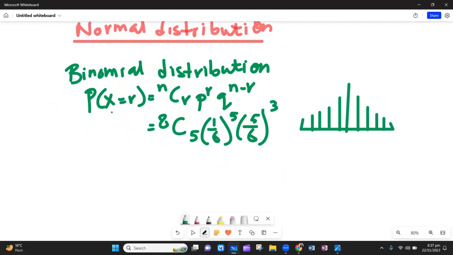And in binomial distribution, number of trials are fixed. For example, there are 8 trials in the example that I've given. In normal distribution, there's no limit to the number of trials. So normal distribution looks like this graphically.